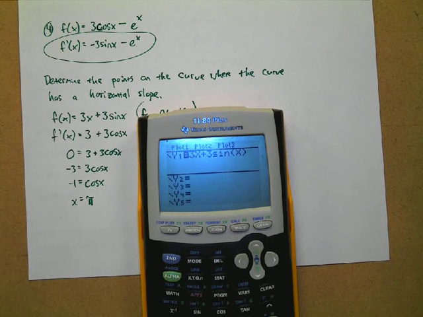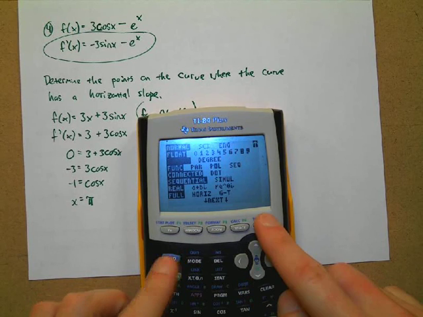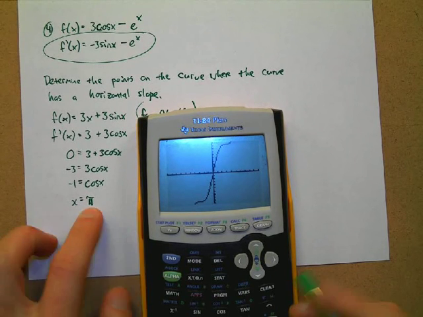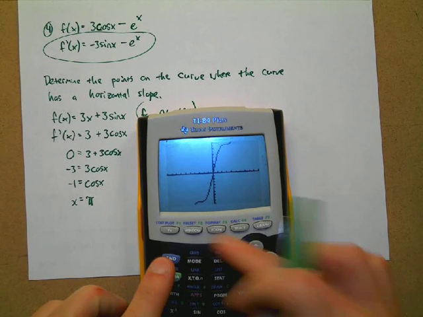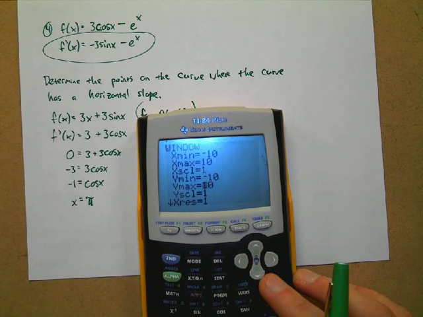Okay, so let's see here. At x equals pi, let me adjust my window just a tad here. I'll go to like 13. That should maybe fit it better. Well, it certainly looks like our curve does kind of flatten out there. Maybe, if not exactly flatten out, maybe for an instant it's going to flatten out.